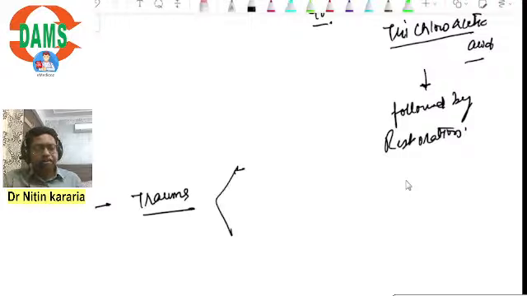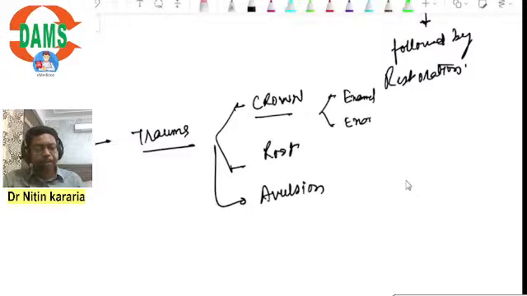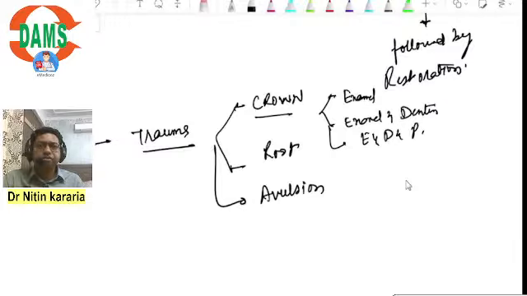Trauma can affect the crown, it can affect the root, or it can result in avulsion of the tooth. Crown fracture can involve only the enamel, enamel and dentine, or enamel, dentine and pulp, with exposure of the pulp.